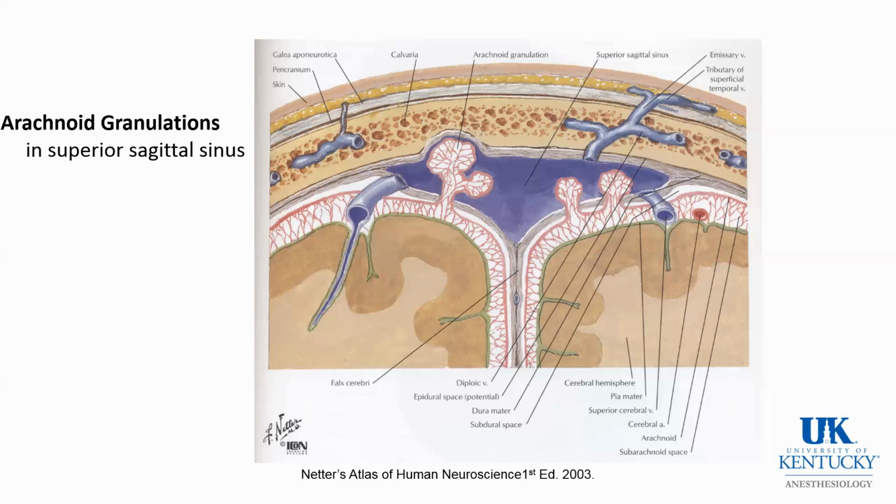Conversely, the arachnoid granulations, which are extensions from the subarachnoid space, are what returns CSF to the venous system, since they sit inside the superior sagittal sinus.